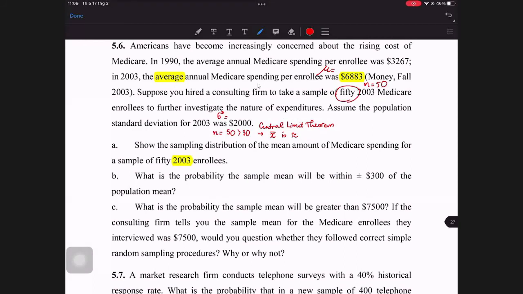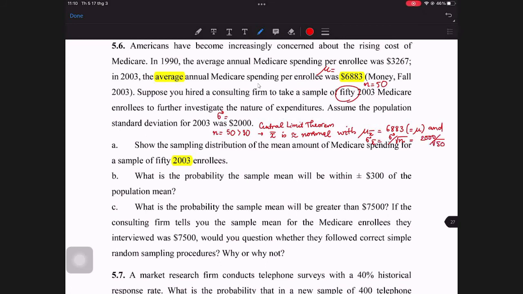Right, so here X bar is approximately normal. And when it is normal, we have to specify the mean and the standard deviation. So we say that the mean of X bar is equal to 6883. Remember that the mean of X bar here is exactly equal to the population mean. And the standard deviation of X bar is given by the formula sigma divided by the square root of n. So we have 2000 here divided by the square root of 50.